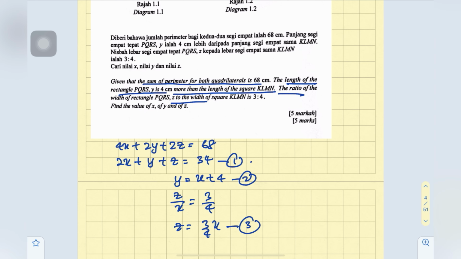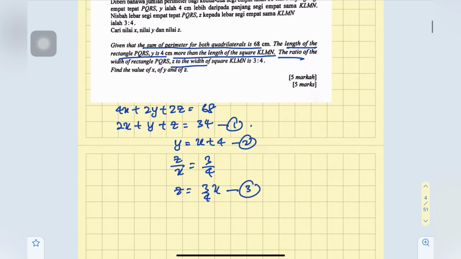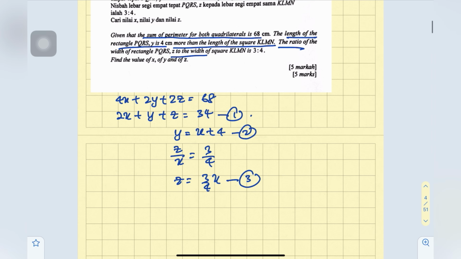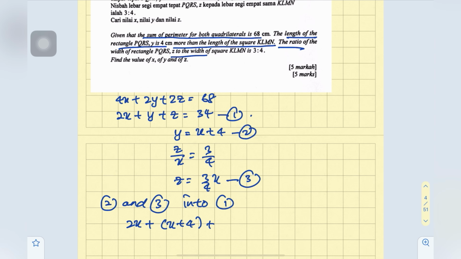This is the third equation. Then we can substitute equation 2 and equation 3 into equation 1. So it becomes 2x plus y, which is x plus 4, and z, which is 3 over 4 x, equals 34.